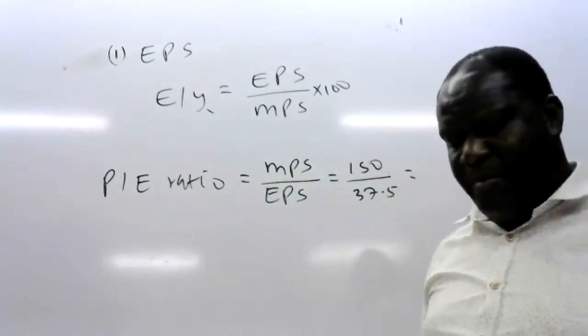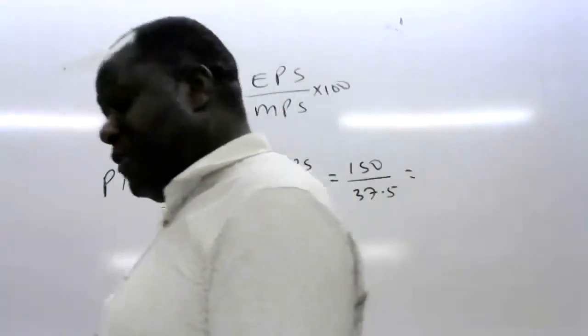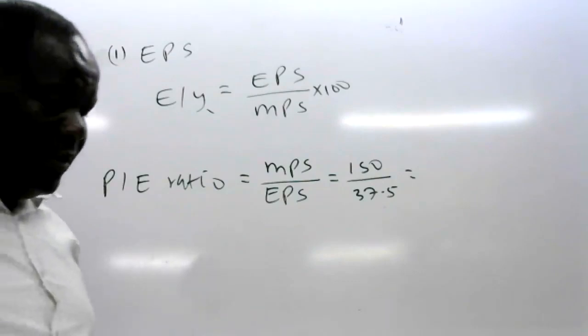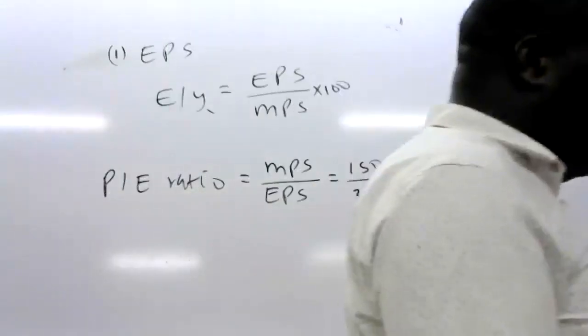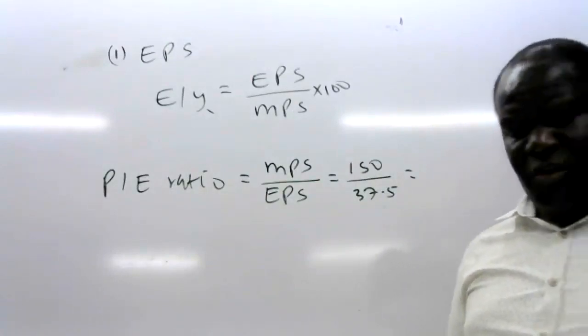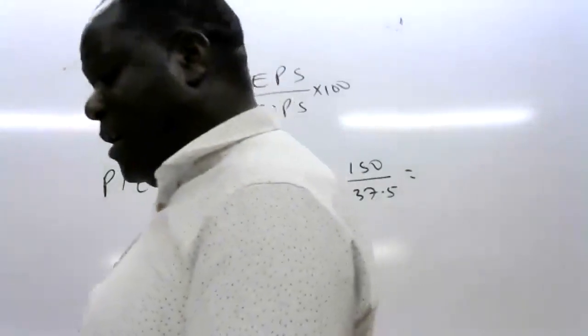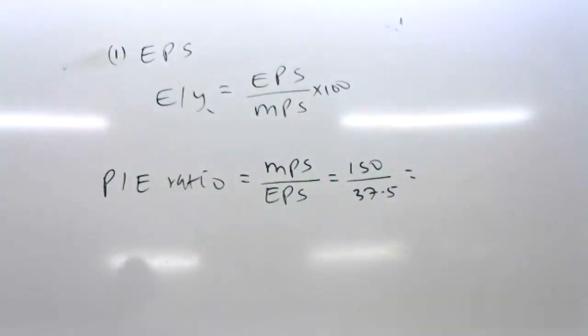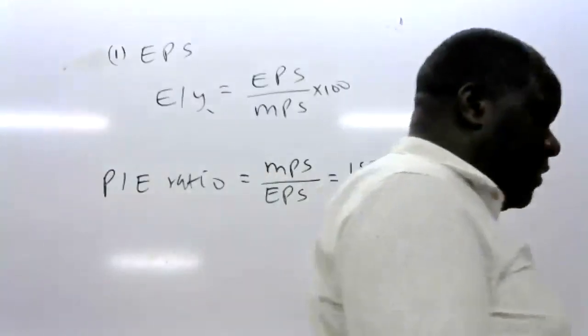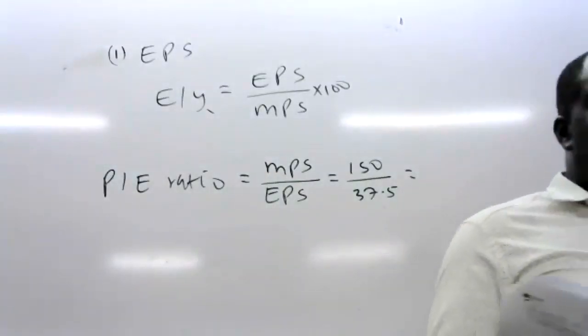Short-term marketable securities refer to investments that can be converted into cash immediately, e.g., treasury bills, government bonds, commercial papers, etc. Cash ratio is equal to the cash in hand and bank, plus the short-term marketable securities, divided by the current liabilities. So that's now number 2.